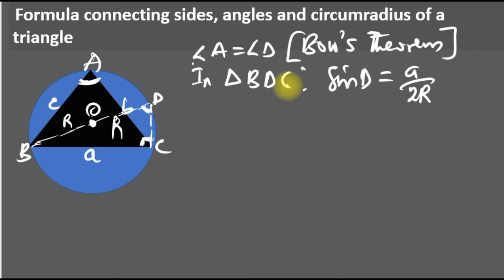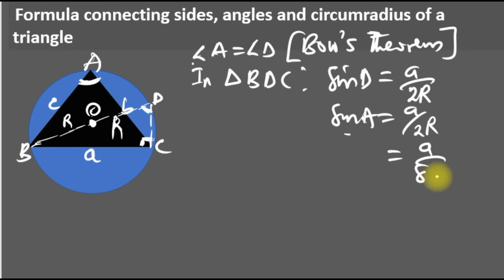But I told you that A and D are the same, so sine A instead of D is now A over 2R, which implies that A over sine A will be 2R. You see the logic? So this comes here, this comes here, making 2R the subject of formula.